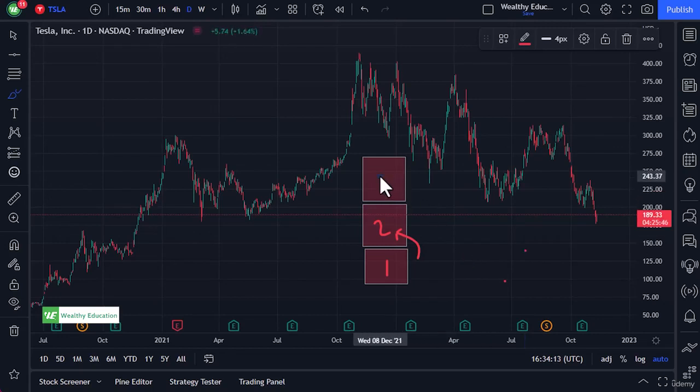Just like if you were up here and you break down, that becomes the ceiling. Why does it become the ceiling? Same reason. If you were a buyer up here at this point and price went up and then fell back down, if it comes back here, you're more than willing to sell your position to get out of the market.